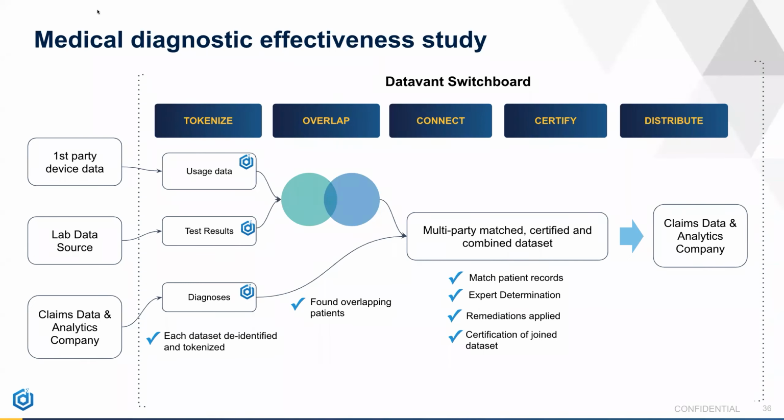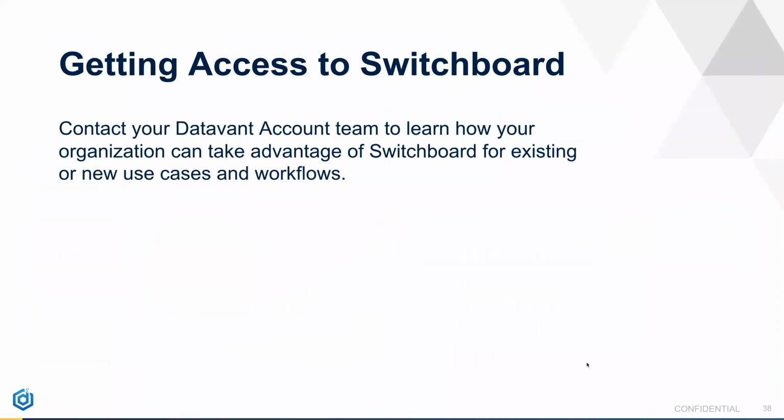That kind of rounds out the overview of examples of Datavant Switchboard in action. Just covering one more point here before we get into questions and open it up for anyone to ask our product experts any questions on the specific switchboard components. We did just want to point out, if anyone's curious, how do you actually get access to the switchboard?